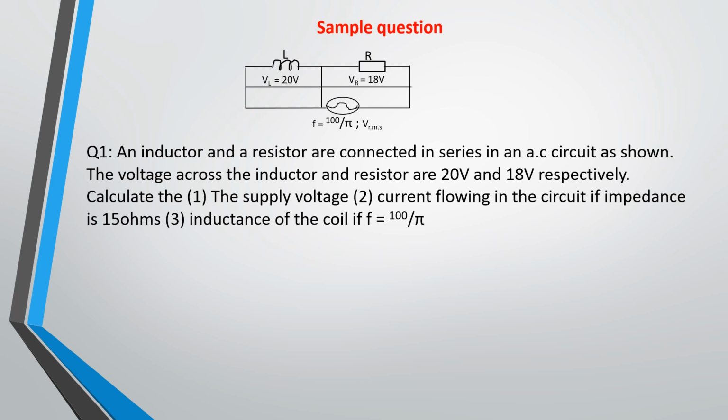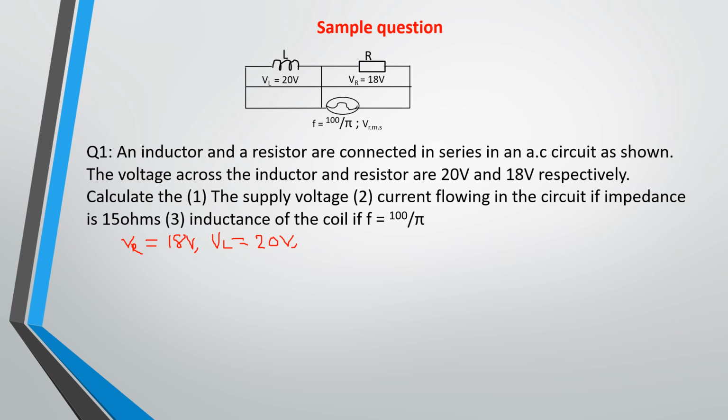So in this particular question, you have been given the voltage for the resistor and the voltage for the inductor. The voltage for the resistor is equal to 18 volts. The voltage for the inductor is equal to 20 volts.